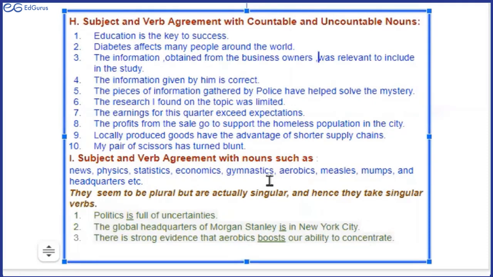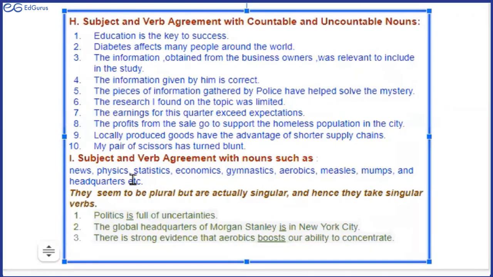Gymnastics is a good exercise for sports, for health. Aerobics is singular. Measles is the name of the disease. This is also singular. Mumps is also a physical ailment. That is singular. However, it appears to be plural.